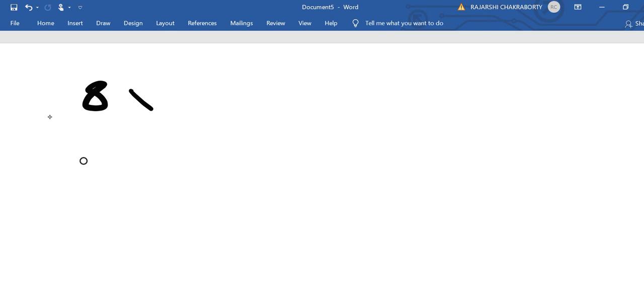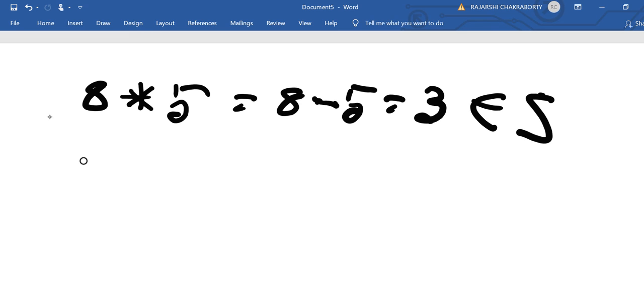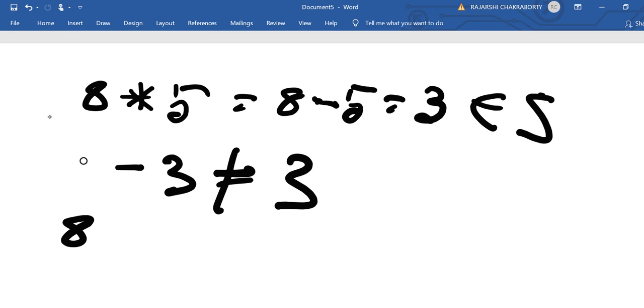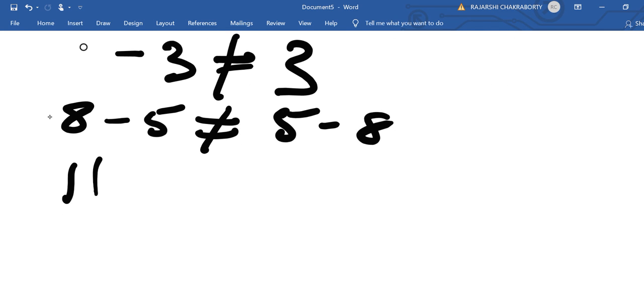So we take 8 star 5, which would be 8 minus 5, or 3, and that belongs to S. In this case closure holds, but minus is not a commutative operation, because clearly minus 3 is not equal to 3. So 8 minus 5 is not equal to 5 minus 8. So it's not commutative.